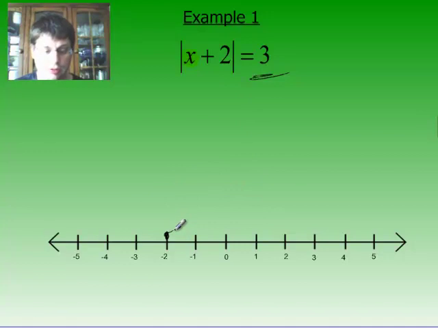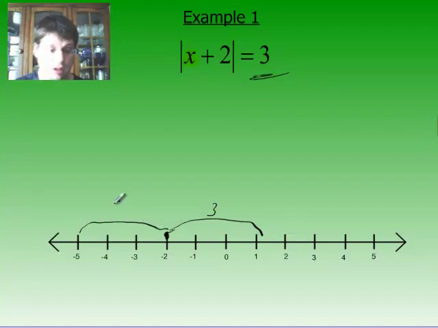So we could be moving 3 to the right, which would be 1, 2, 3, and that would leave us at positive 1, or we could be moving 3 units this way, which would leave us at negative 5. So in this case, we could see that x could either be 1 or x could be negative 5.